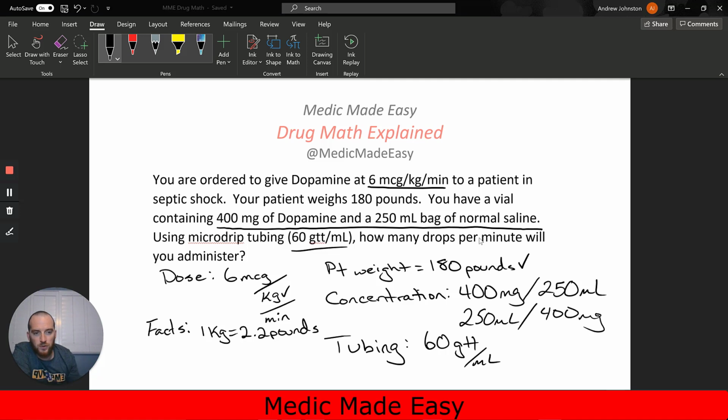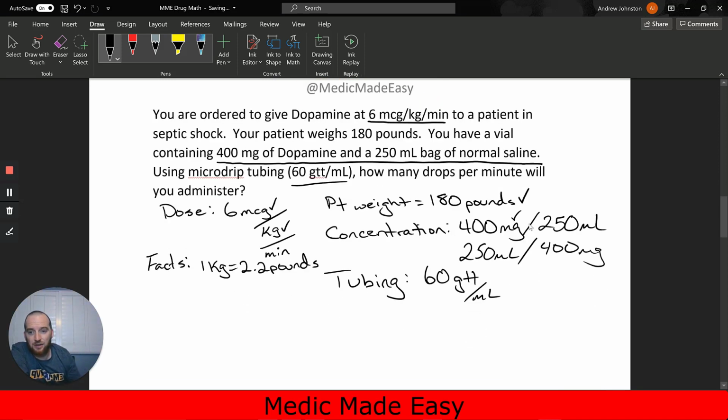Okay, we also have another issue, which is a dose in micrograms, but a concentration in milligrams. So we also are going to need to factor in that conversion. That one is another unit of 1,000, right? It's a move of 1,000. So 1 milligram equals 1,000 micrograms. It's the same amount.